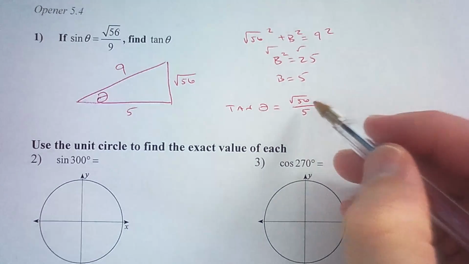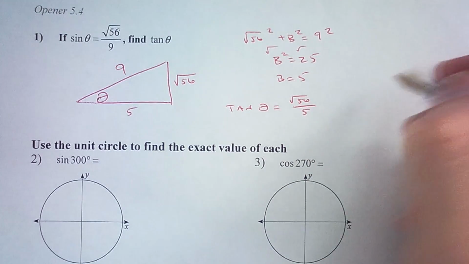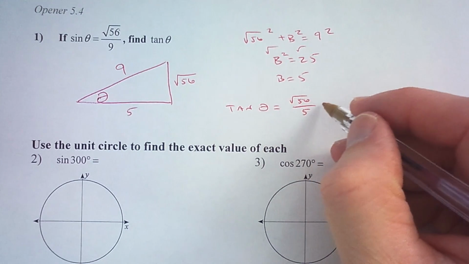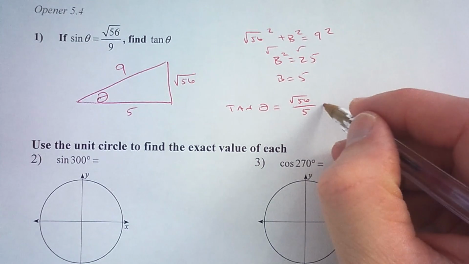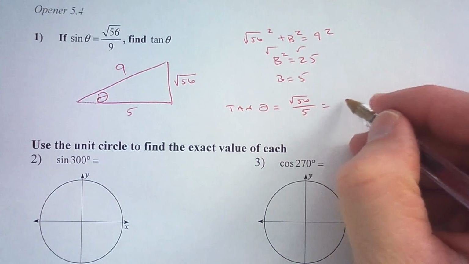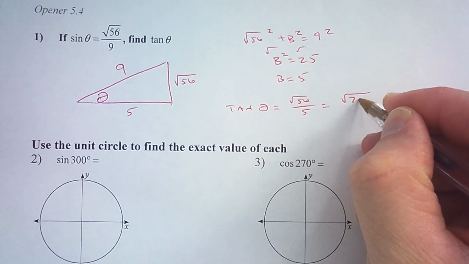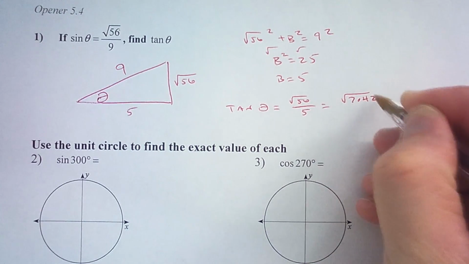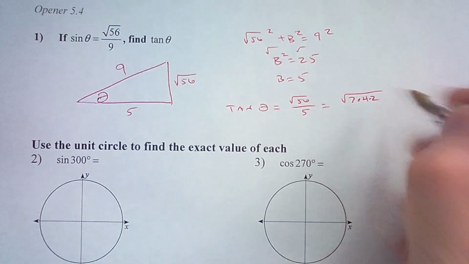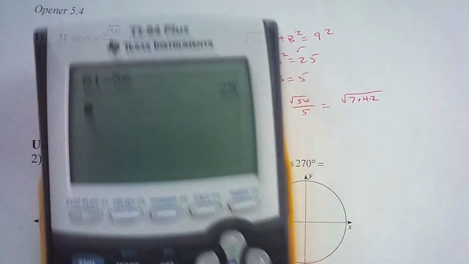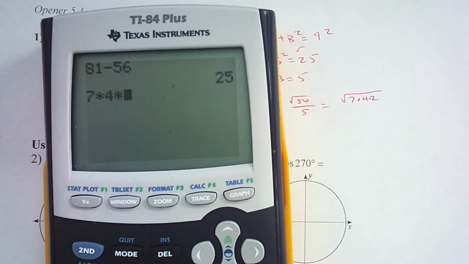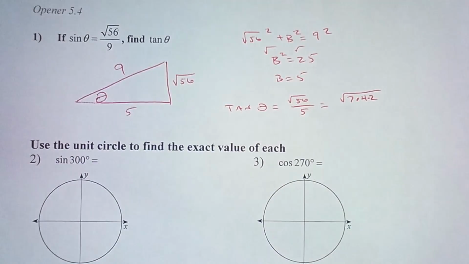Now, let's see if this can be simplified. 56 is 7 times 8. Okay, so we could go with square root of 7 times 8, and 8 is 4 times 2. So 7 times 4 times 2, and I'll just check that. 7 times 4 times 2 is 56.